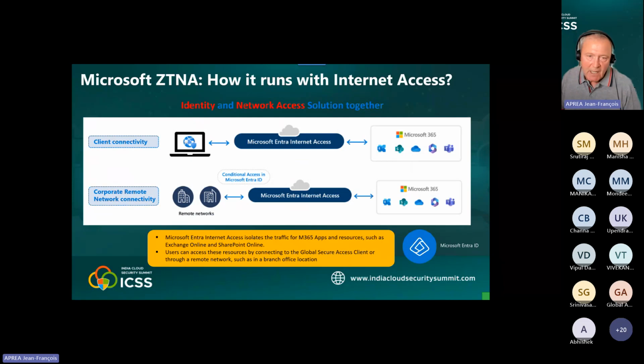The two types of client connectivity and corporate remote network connectivity to access the Microsoft Cloud. Maybe because it is very specific connectivity, you must think about it's not only a VPN tunnel.